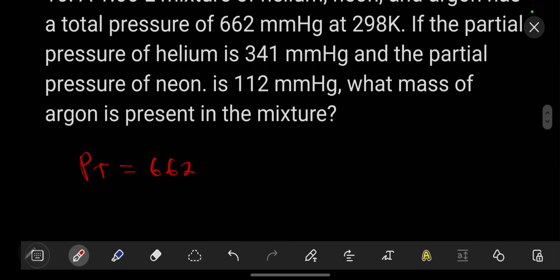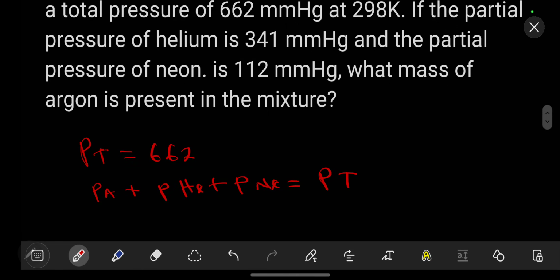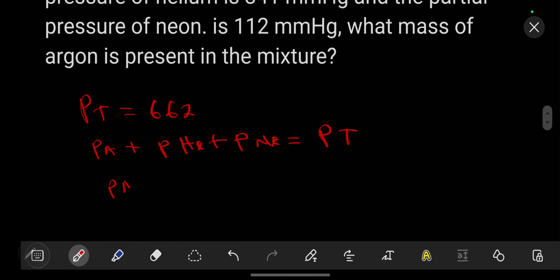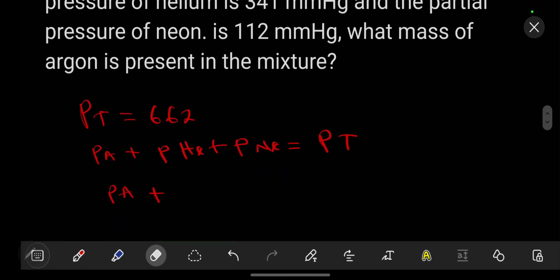So in order for me to find the pressure of argon, I'll form an equation: the pressure of argon plus the pressure of helium plus the pressure of neon should be equal to the total pressure. The pressure of argon is unknown.